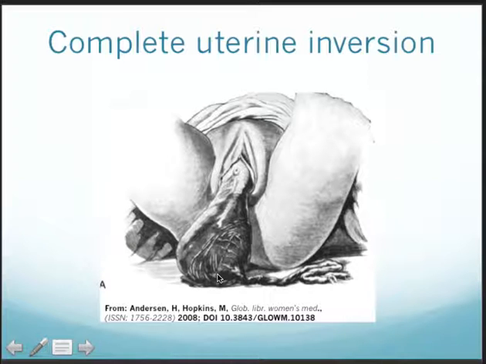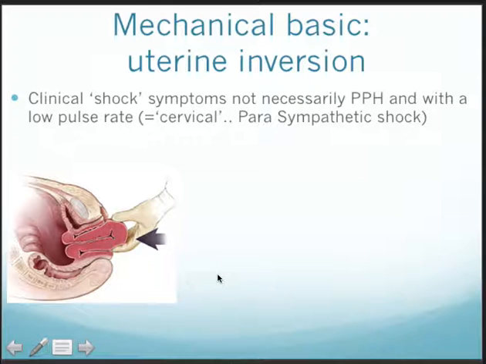So when there is a discrepancy between the shock symptoms and the blood loss, and quite often there is a low pulse rate because of cervical shock, so due to parasympathetic stimulation.